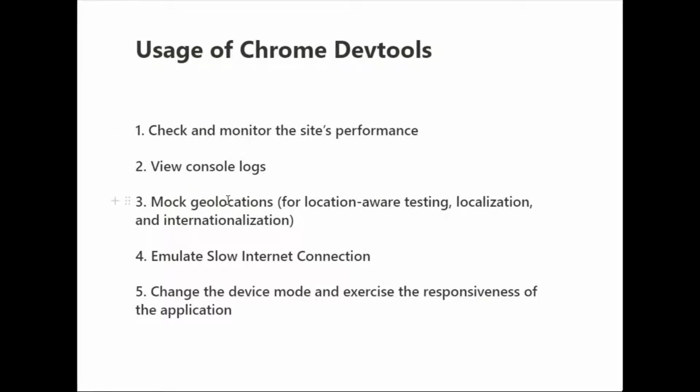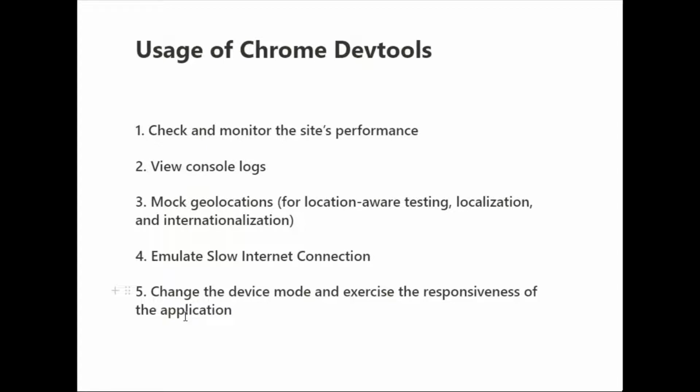It is a very good feature for localization testing and internationalization testing. Then you can emulate slow internet connection testing, and you can change the device mode, which means you can check the responsiveness of the application using this Chrome DevTool protocol.